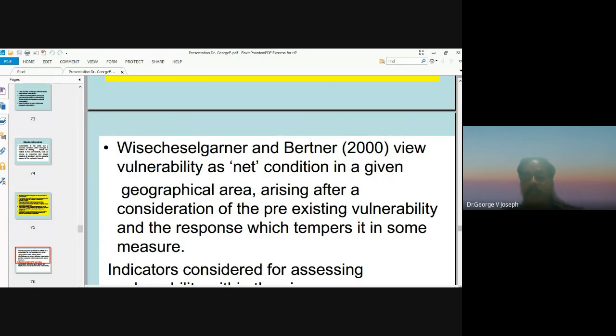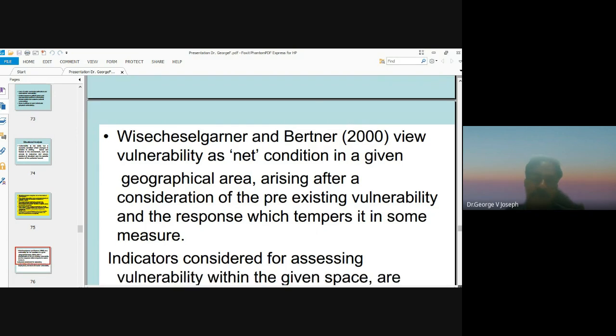Before a disaster, there could have been certain vulnerabilities already existing in the community that may add to further vulnerabilities. People who were poor before COVID have become more poor during COVID. So the pre-existing vulnerabilities have increased the vulnerabilities.